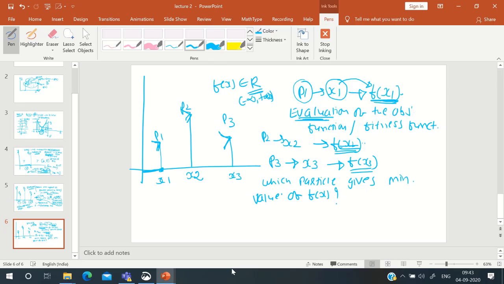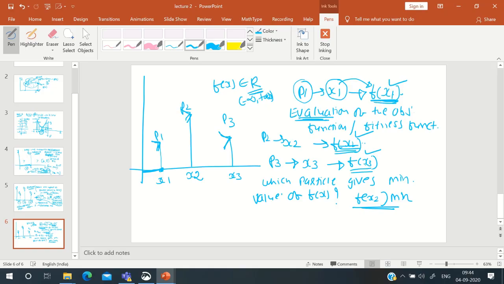Hypothetically, I have not drawn this according to scale, so let us assume that among these values, f of x2 is the smallest value among all these three f of x values, right? f of x2 is the minimum value.